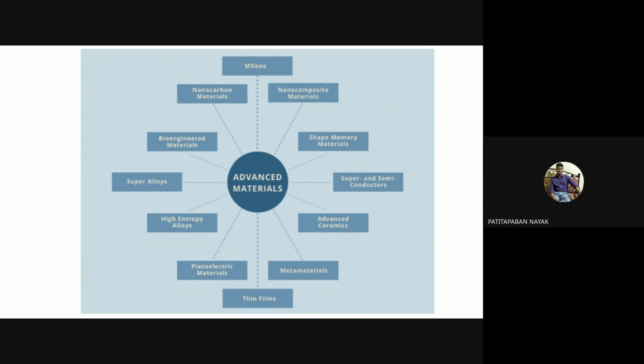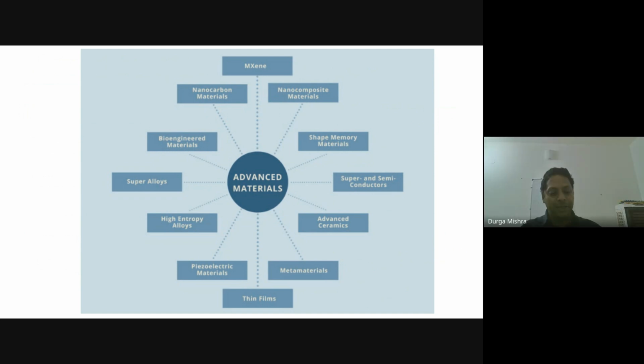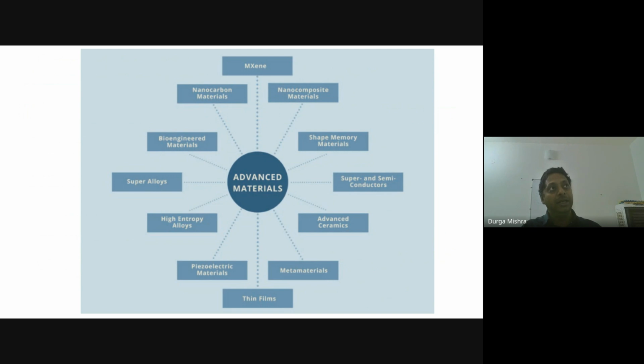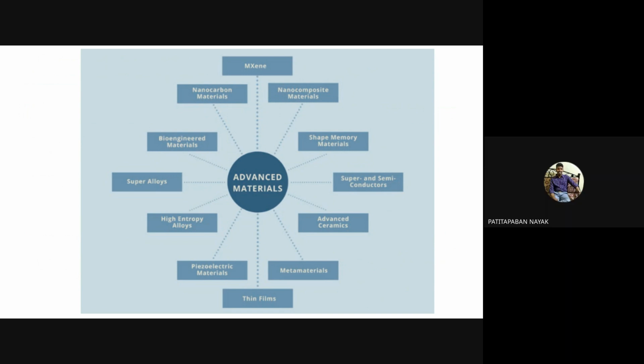Maybe I will talk about a few advanced materials related to semiconductors, superconductors, then magnetic materials and optical. Some of these advanced materials have very interesting optical, magnetic or electrical properties, which I will discuss.